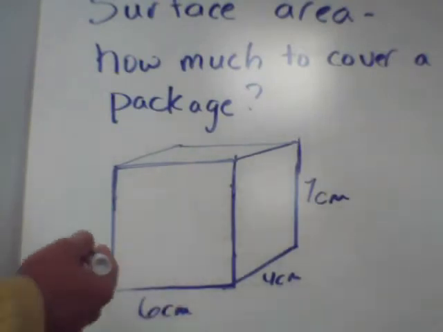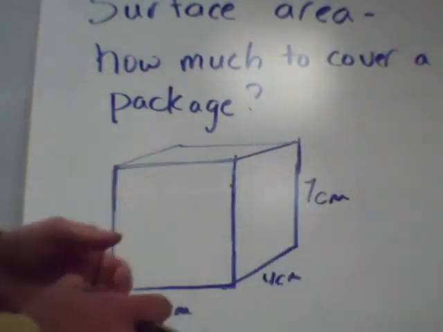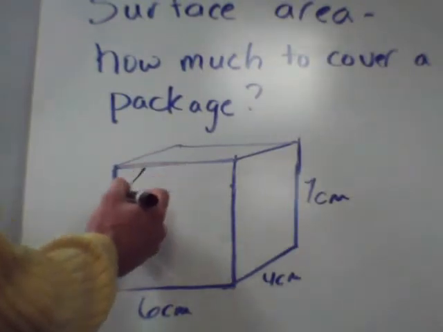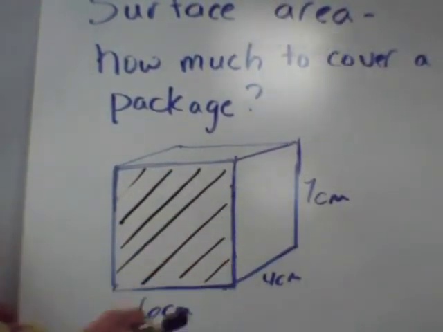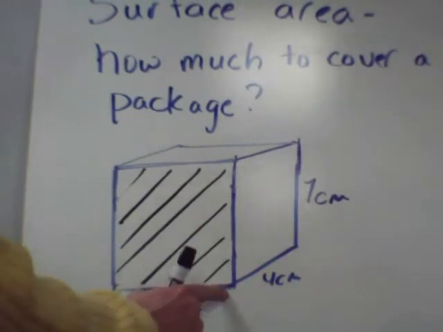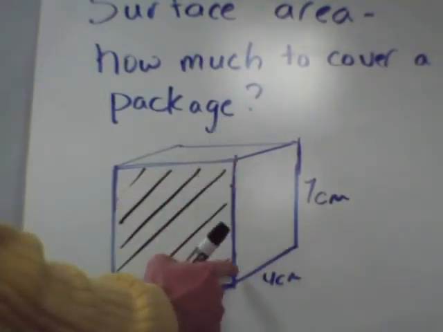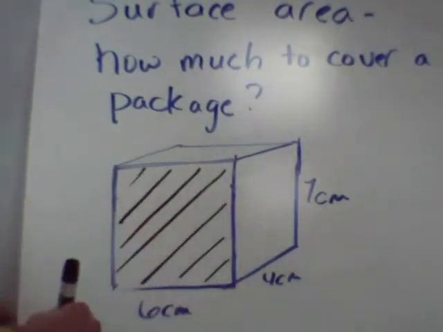So if you think about this and break it down into the different components, it makes it a little bit easier. This is where colored pencils is going to help out. If you take and shade this front side, you can see that it is 6 centimeters long and it's 7 centimeters tall. This 4 doesn't have anything to do with this surface that we're working on right here.